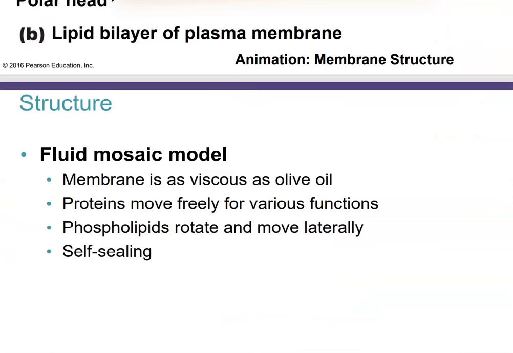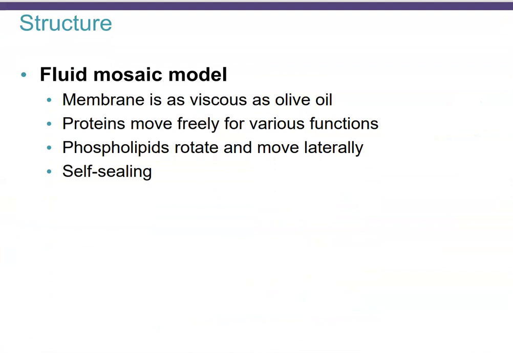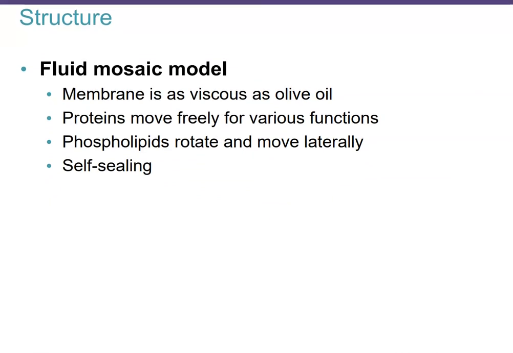The fluid mosaic model is this model of two rows of phospholipids and all the stuff that's embedded in it. It's fluid because it literally is a fluid. The phospholipid bilayer is a liquid. It has approximately the viscosity of olive oil, which is not even that thick, but it's very effective in keeping the water-based interior of the cell inside and not letting water-based stuff from the outside just freely go into the cell.